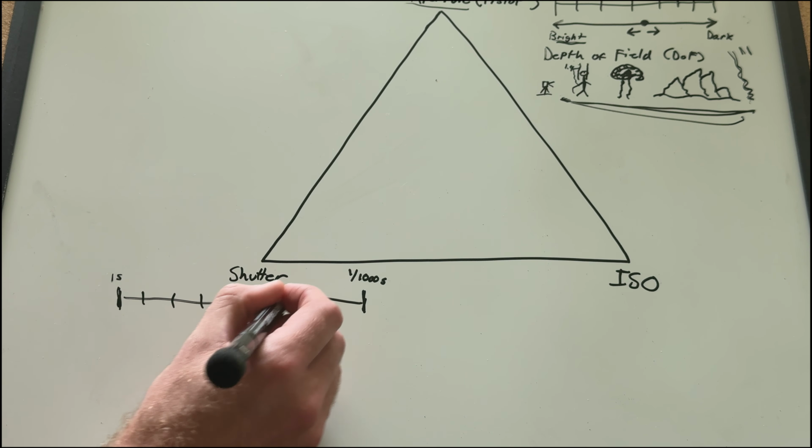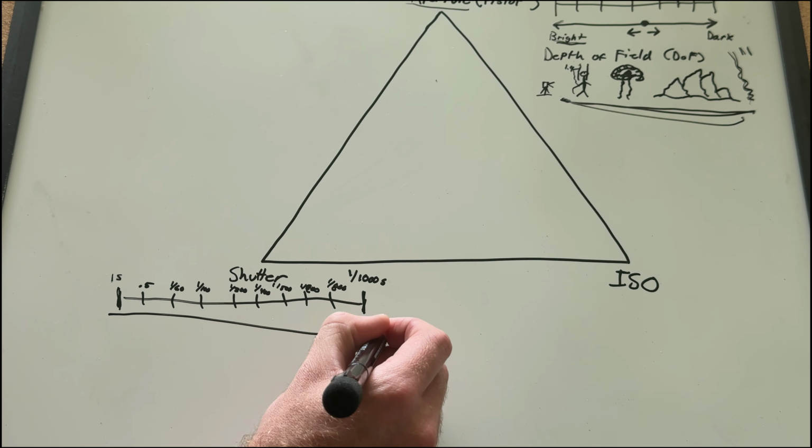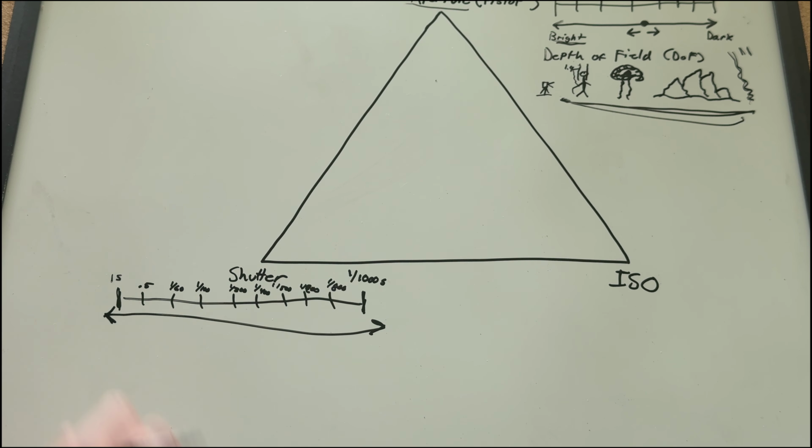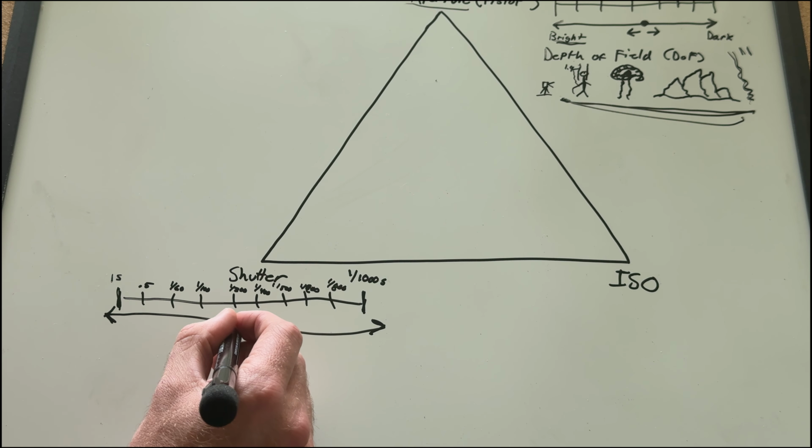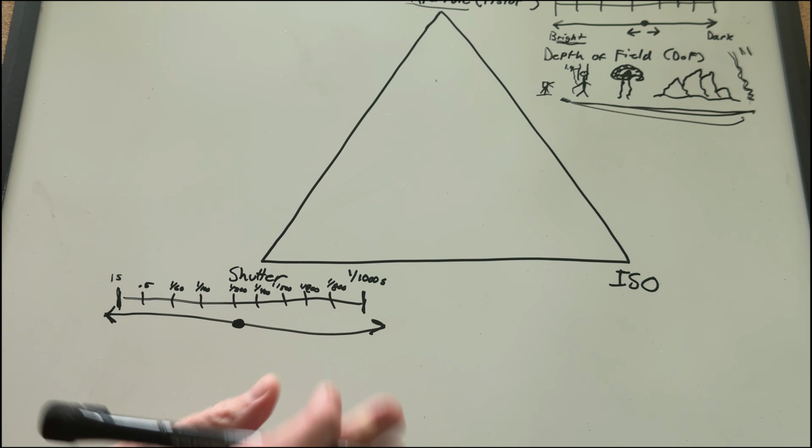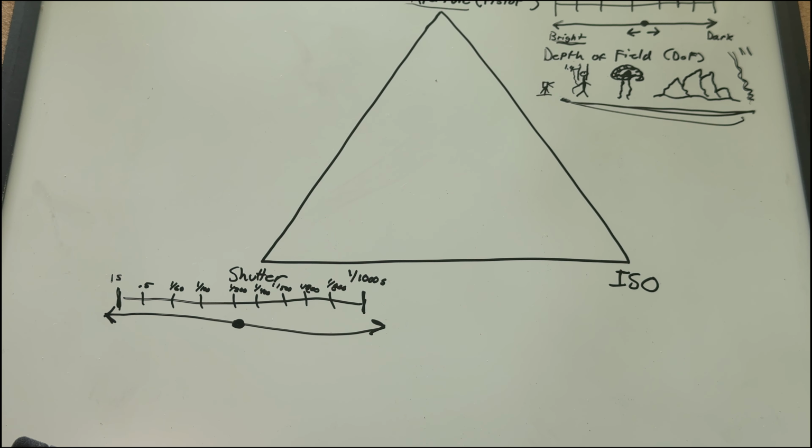There's like half a second here, and maybe 1/60th of a second here, 100th here, 200, 400, 500, 800 here. You get the idea. It's also a range. Now, like aperture, this functions based on the numbers, but this works a lot more how you think.